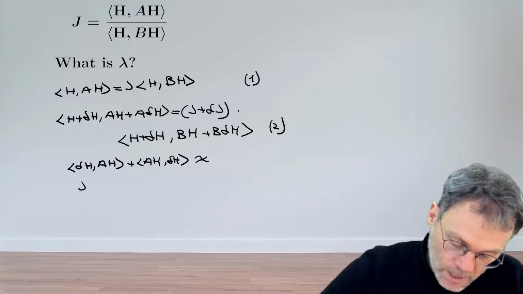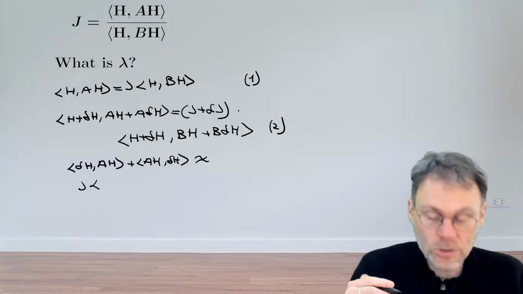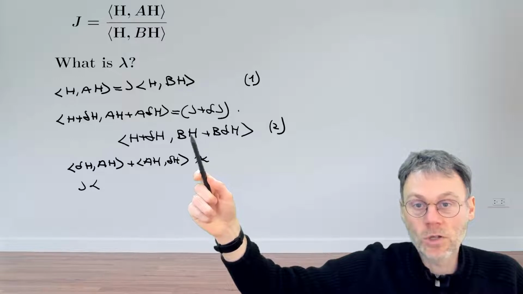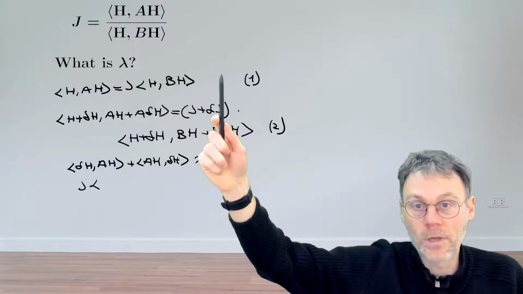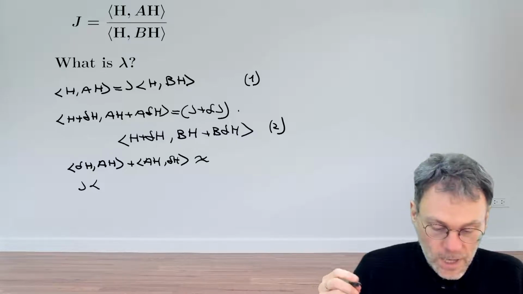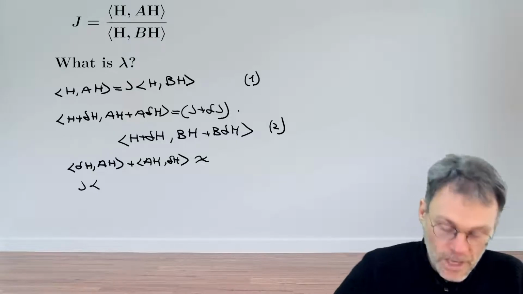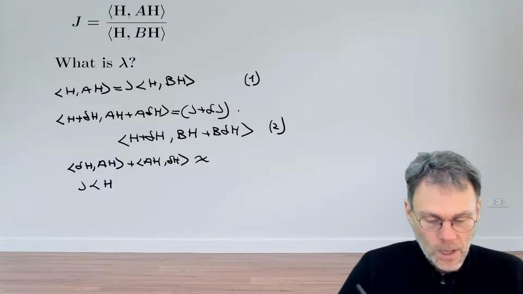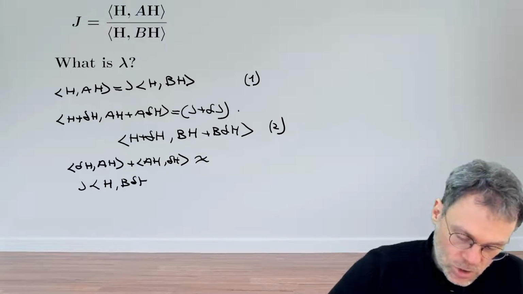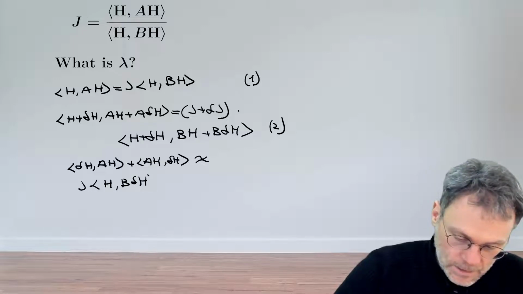So we have j, and then we have a first term. Now the first term will be h B h, but that's the one we subtract from equation 1. So no need to worry about that. So we have left h plus B delta h. And then we have another one, j.